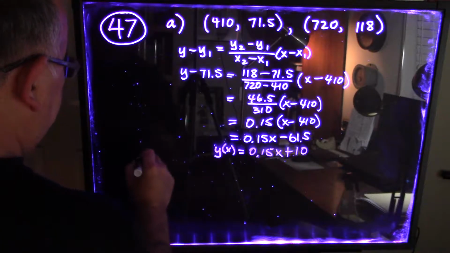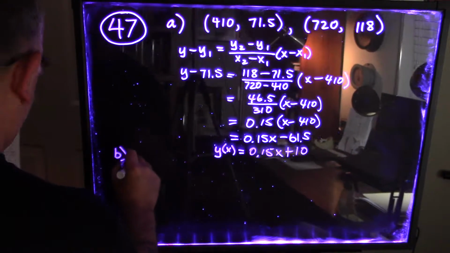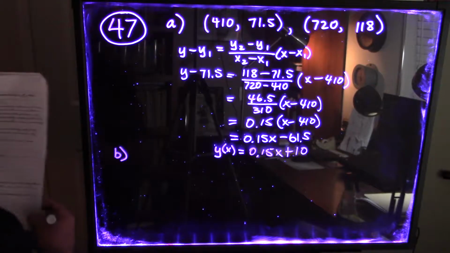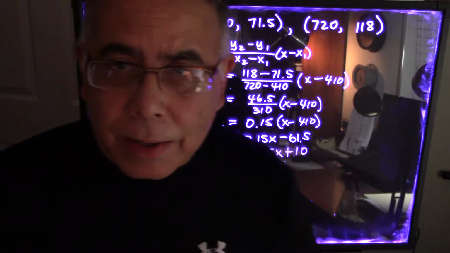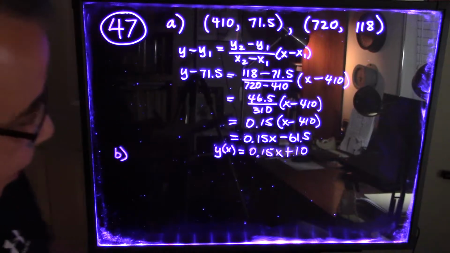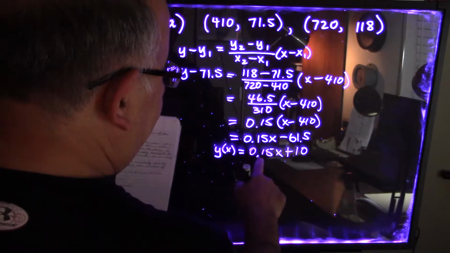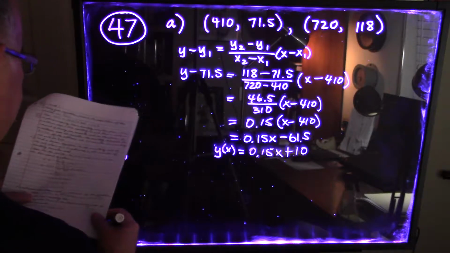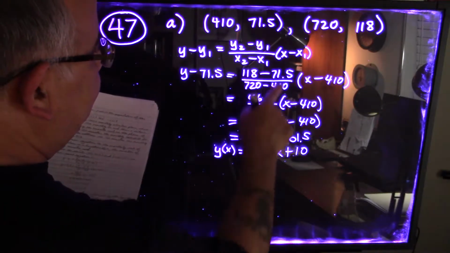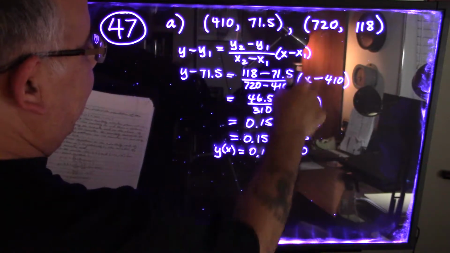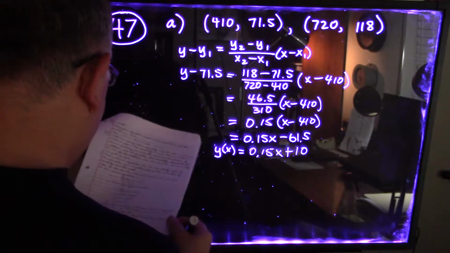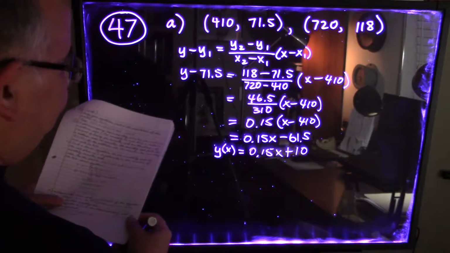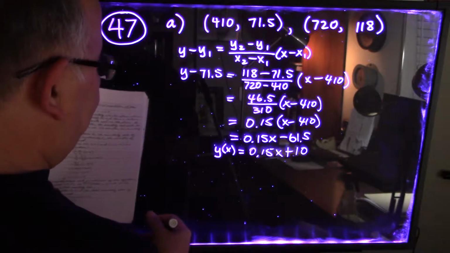And then we have part B, and it says interpret the slope and y-intercept of the equation. We can read it directly off this equation. The slope is 0.15, which means, since these prices are in dollars, $0.15 or 15 cents per minute.